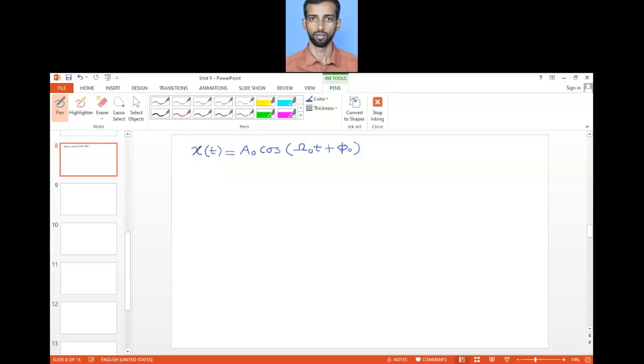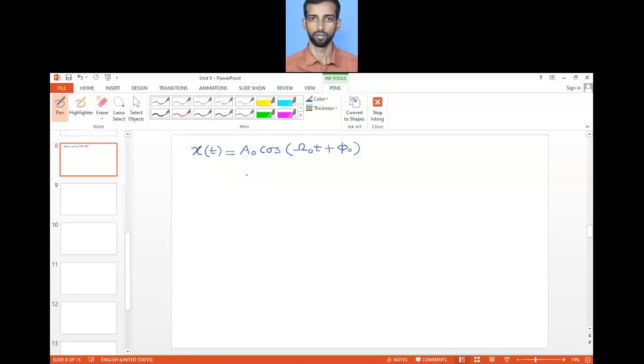Similarly, if you differentiate any sinusoidal signal, you will get another sinusoid having a different phase angle, obviously, but the frequency remaining the same. So these sinusoidal signals are closed under different operations like addition, differentiation, integration, and so forth.